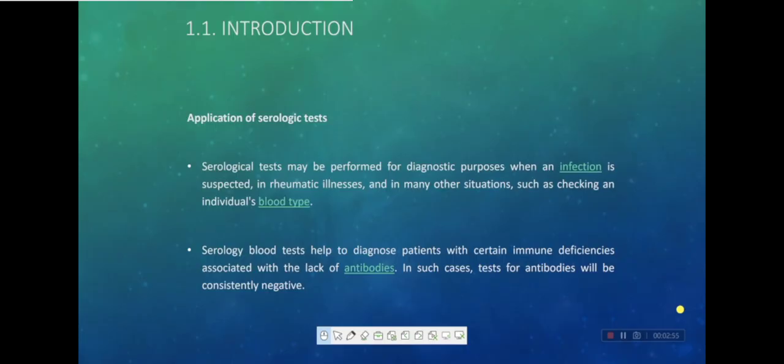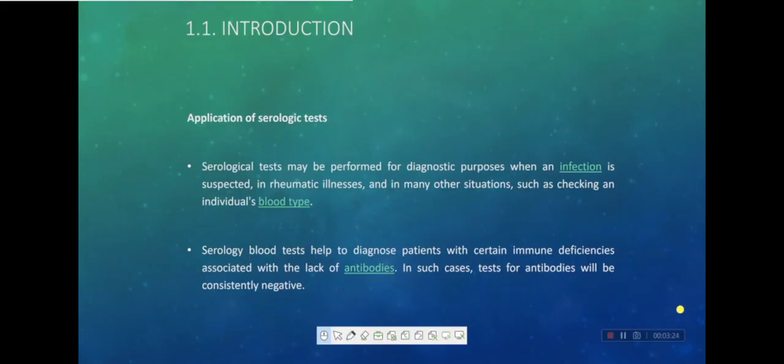There are different types of serological tests that are performed in the laboratories. These are flocculation tests, the hemagglutination inhibition test, ELISA, and RIA, you all know about that, right? The serological test is particularly helpful in the diagnosis of certain bacterial, parasitic, and viral infections, including infections such as yellow fever and infectious mononucleosis.